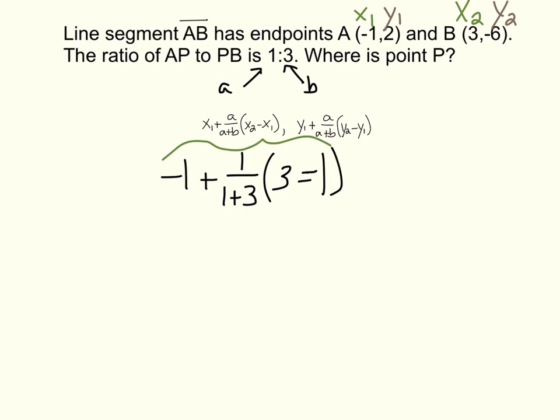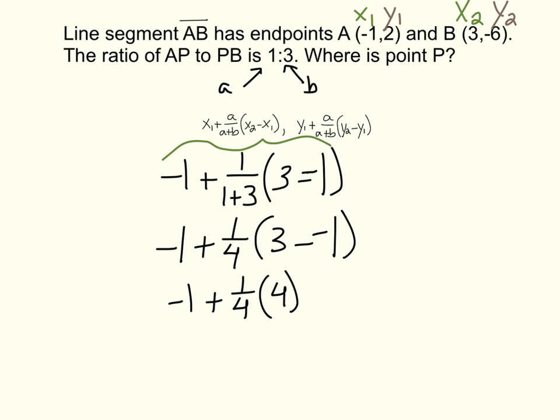Our fraction functions as a grouping symbol, so let's do that first. 1 over 1 plus 3 is going to become 1 over 4. Our next grouping symbol is this set of parentheses over here, so we'll do 3 minus -1. That's the same thing as 3 plus 1, so 4. As we said before, 1/4 of 4 is 1. So this is -1 plus 1, which is 0.